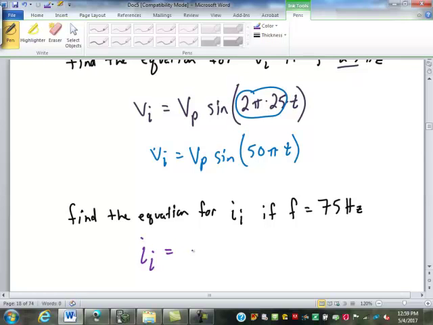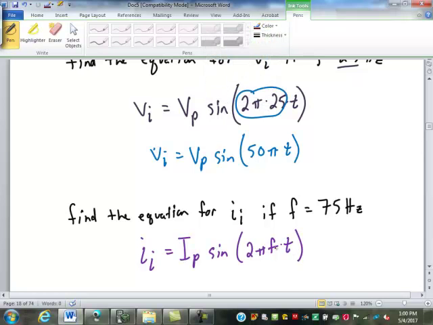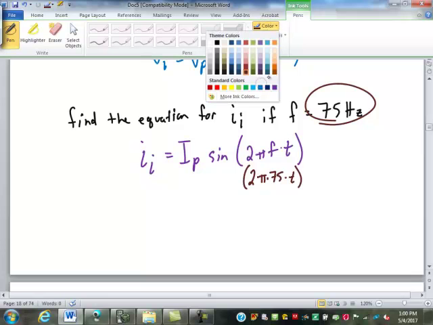The instantaneous current is the peak current times the sine of 2 pi f times T. What goes in for F? Frequency is 75. So this is 2 times pi times 75 times T. So that's going to become what?